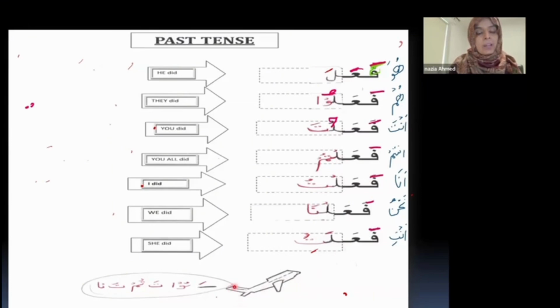But looking at the tail, you can tell whether it is a third person, singular plural, or second person, singular plural, or first person, singular plural. These are the suffixes which we add at the end of the word to tell whether it is a third person singular plural or dual, or second person singular dual plural, or first person singular dual plural. These are the suffixes we add.